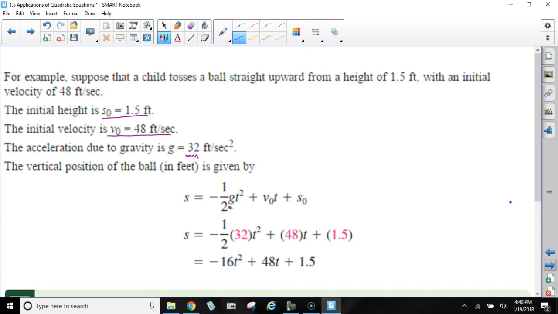And we'll plug the rest of the things in. Once we plug them in and simplify a little by multiplying -1/2 times 32, here in the purple box we have a mathematical model that represents the height of the object at time t.